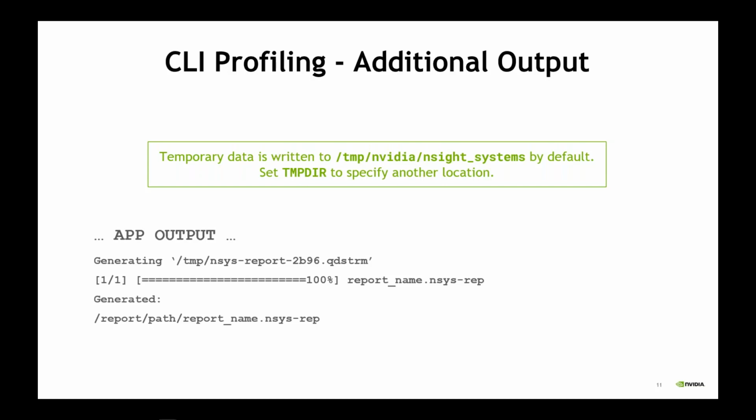So just in case you see crazy errors, that might be because you're running out of temporary memory where Nsight Systems wanted to write to. And on the bottom here, you see some output, which is additionally generated after your application output from Nsight Systems.